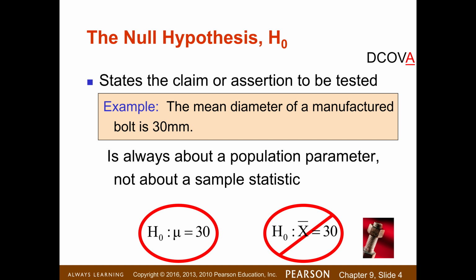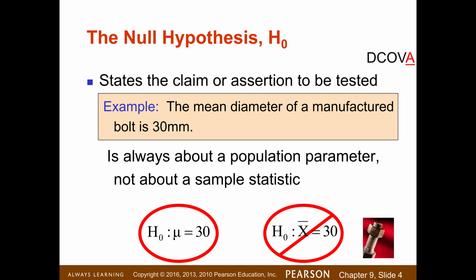So here's an example. Let's say a manufacturing engineer has concerns about a particular manufacturing machine that makes bolts that are supposed to be 30 millimeters. And they look on the specifications of the machine, and it says that the mean diameter will be 30 millimeters.